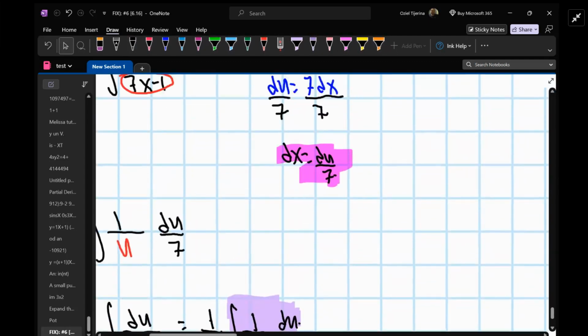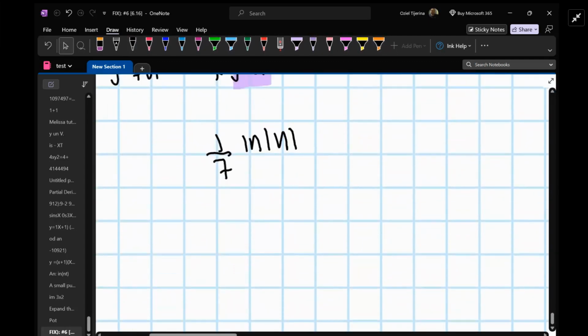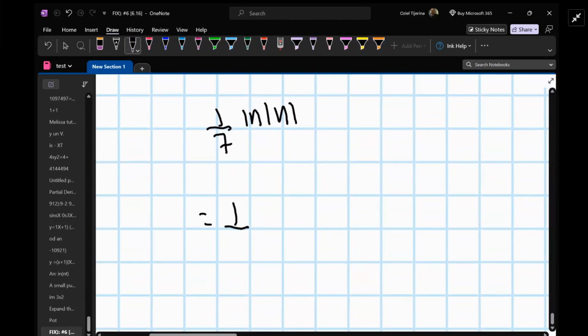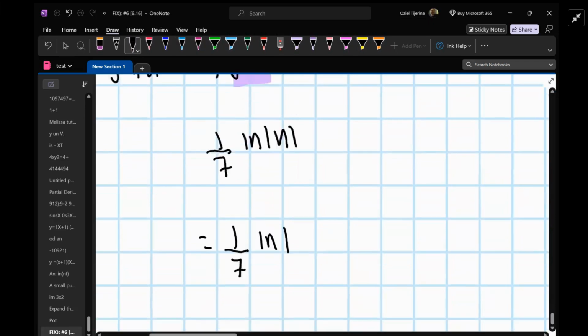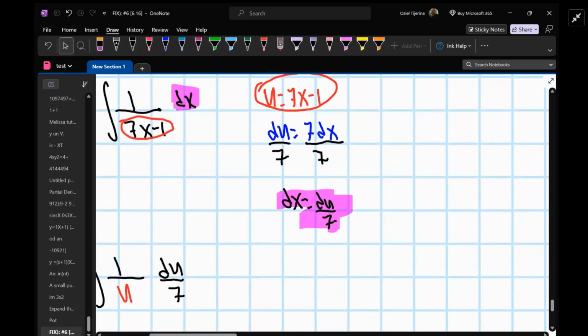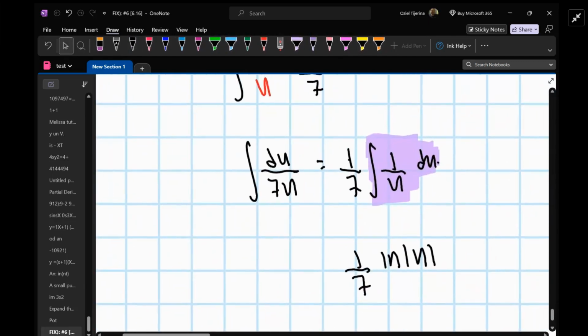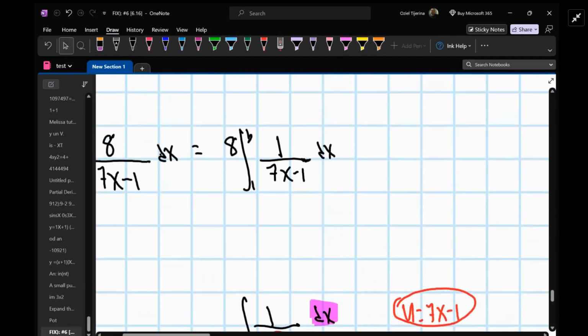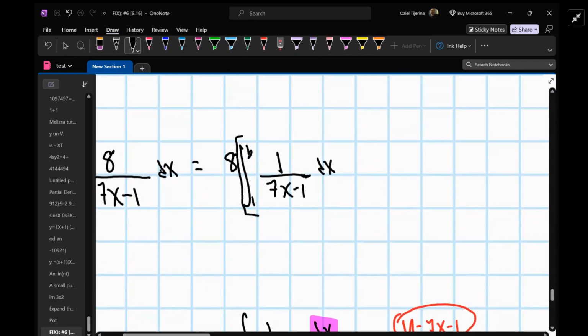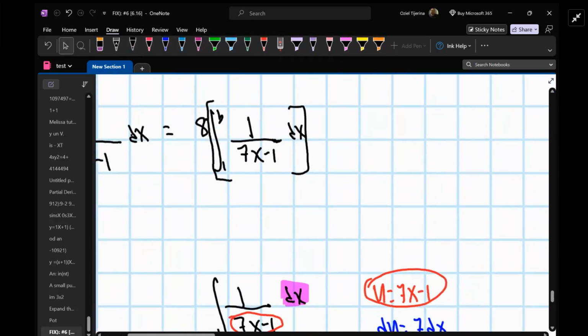And then finally, we just substitute u back in. So this is going to equal 1 over 7 natural log of the absolute value of 7x minus 1. Notice that that is what this part is, and of course, it's from 1 to b.